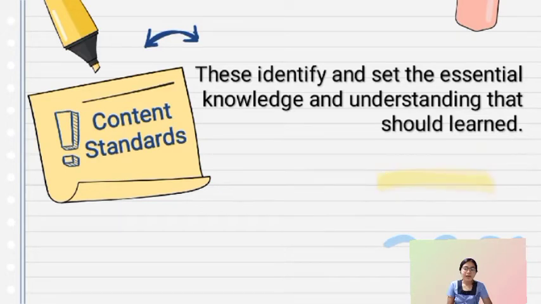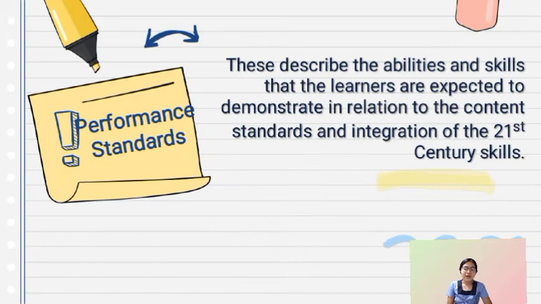Dumako naman tayo sa performance standard. So when we say performance standards, it identifies skills needed to use the knowledge and skills in problem solving, reasoning, communicating, and making connections with other information.